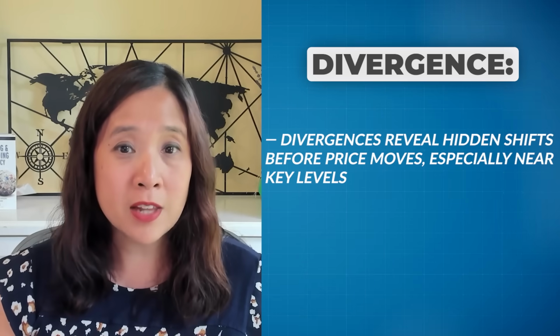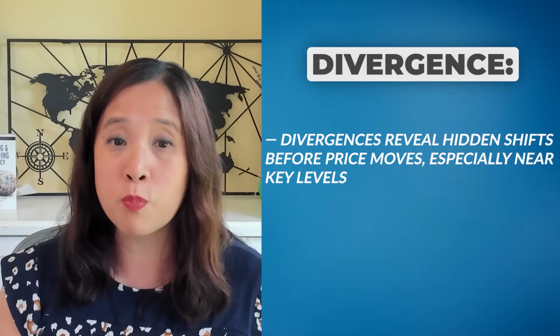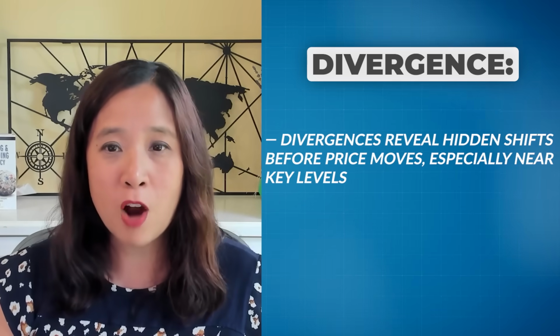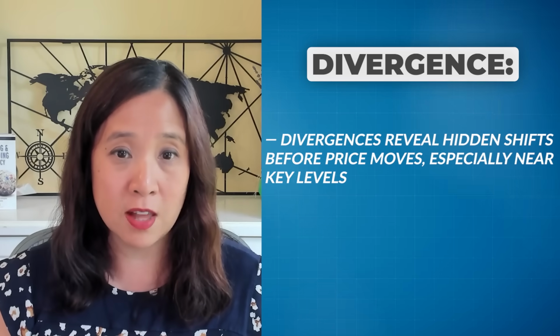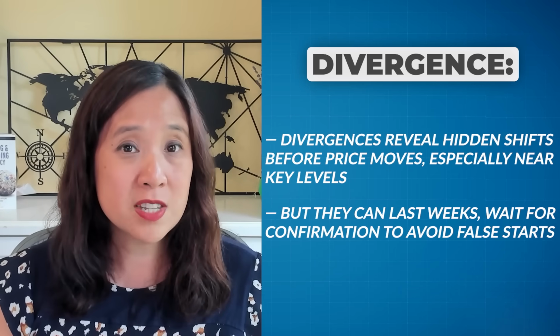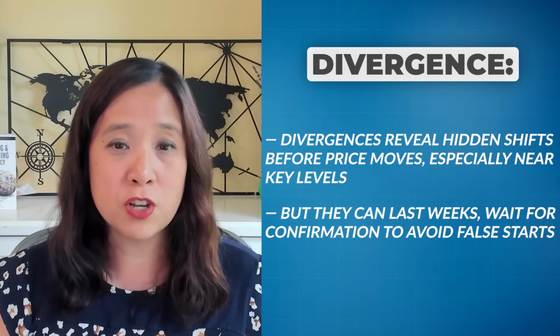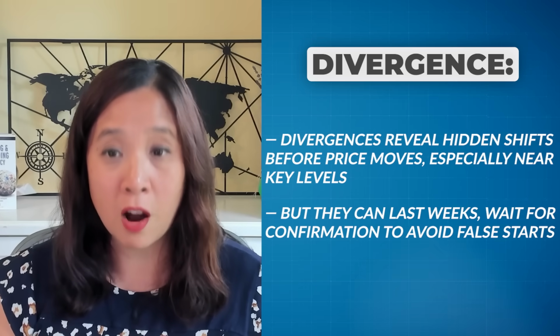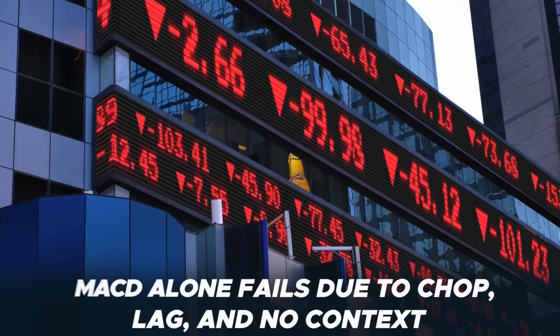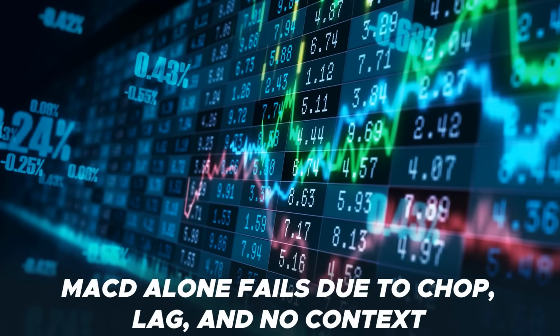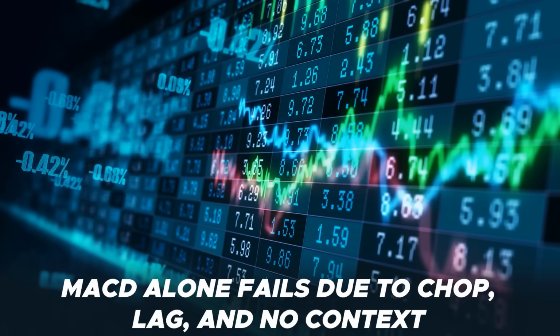Divergences help spot hidden shifts in supply and demand before price reacts, and are especially powerful near key support and resistance levels. The problem, though, is that divergences can persist for weeks before price finally reacts, often leading to frustration without proper context or confirmation.